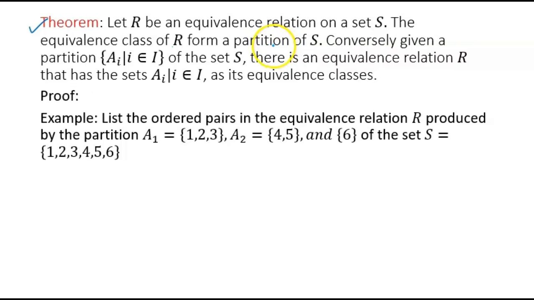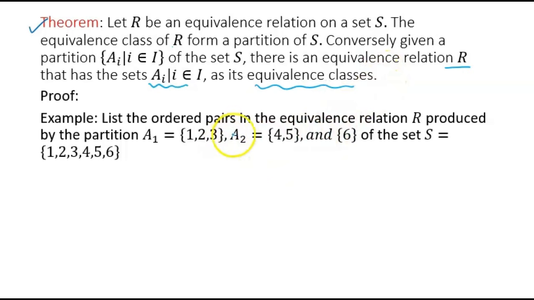And what I mean by equivalence class and what an equivalence relation is. The converse is also true, that conversely, given a partition of the set S, there is an equivalence relation R that has the A_i as its equivalence classes.